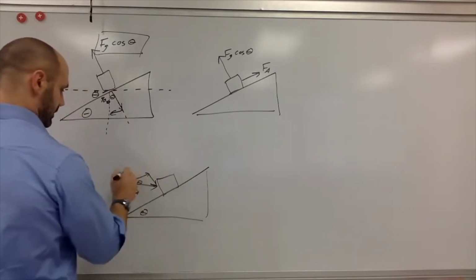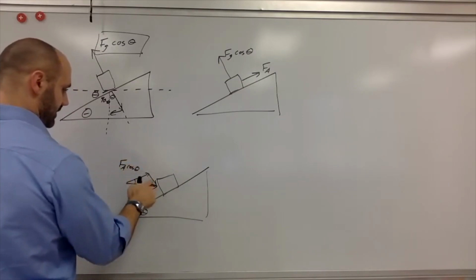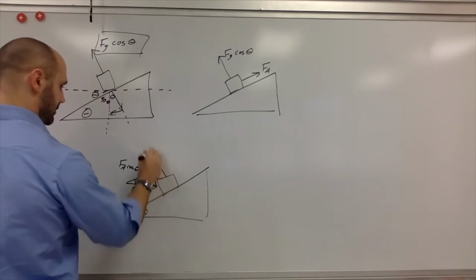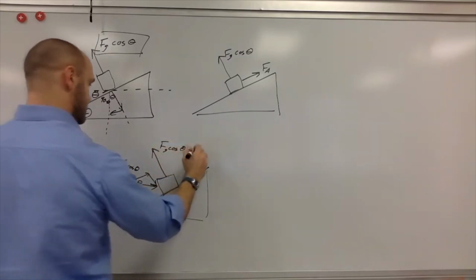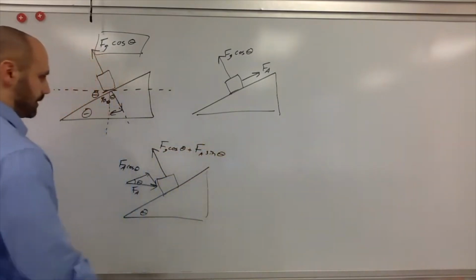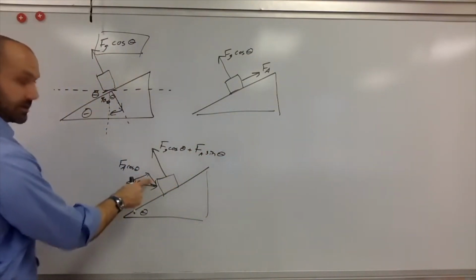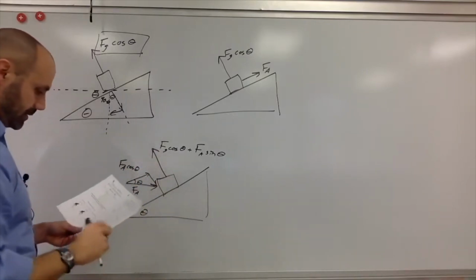So this one is Fa cosine theta. And this is Fa sine theta. That means the normal force has got to be Fg cosine theta plus Fa sine theta. Because Fa sine theta is this component. It's the component that's pushing into the surface. So the surface has to work against that.